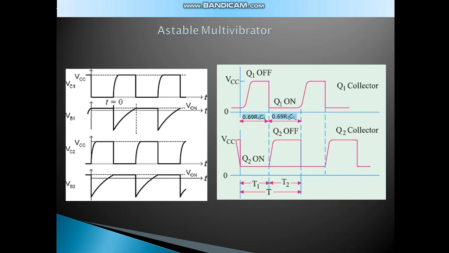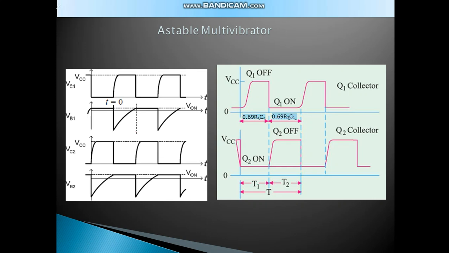Like that, when Q2 is on, voltage in the collector will be 0, and when Q2 is off, the voltage at the Q2 transistor will be VCC. T1 indicates time period of Q1 off and T2 indicates time period for Q1 on. Total time period T equal to T1 plus T2.